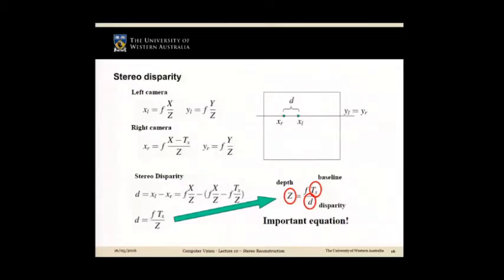Now this projection is on the image plane, so we are talking in terms of pixels, right? So xl minus xr will be just your x value. Coordinate values (2, 7), let's say, and (6, 7), and 6 minus 2 will give you 4 pixel disparity. Now, if you substitute the values and solve this equation, you get d equal to f times tx divided by z. You already know tx and focal length.